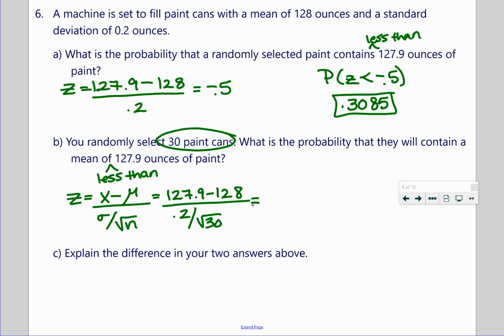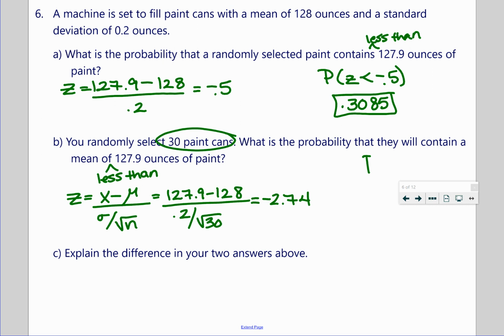And again, give it 2 decimal places if you need to. I get negative 2.74.